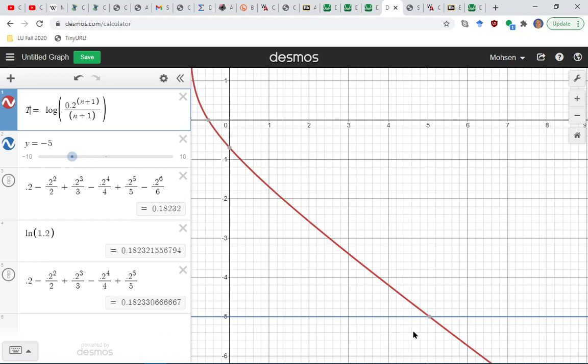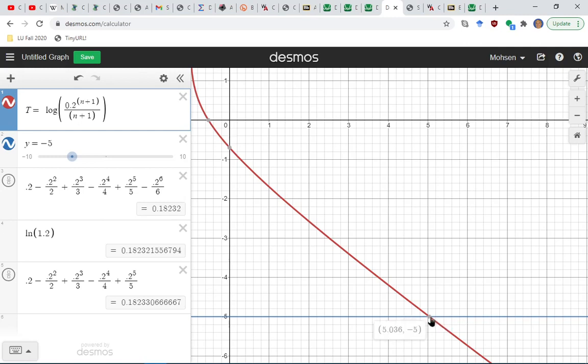So here is a practical way of solving these problems. You take the common logarithm of this, and take a logarithm of the accuracy that you want. So we wanted 10 to the power of -5. So we draw the line -5. We find the intersection.